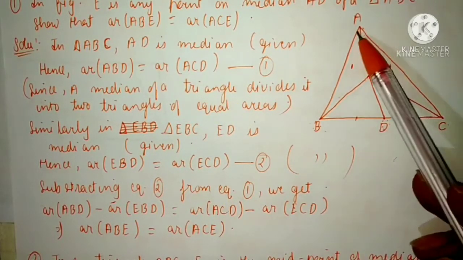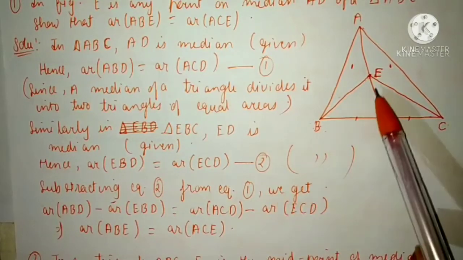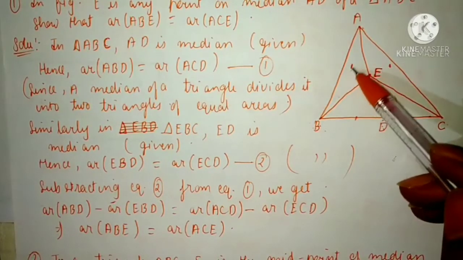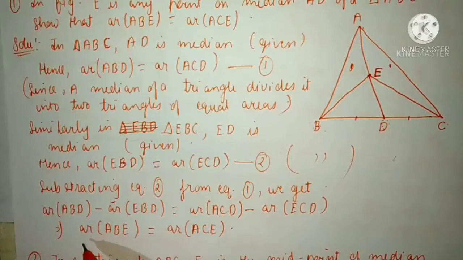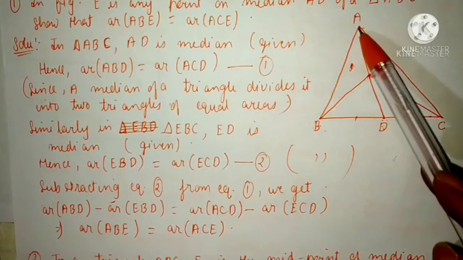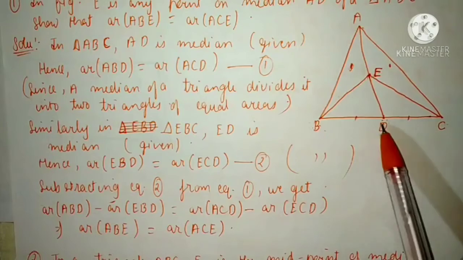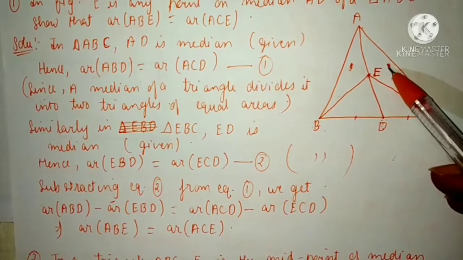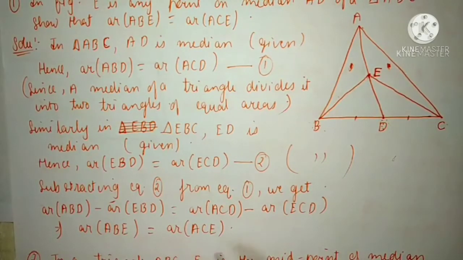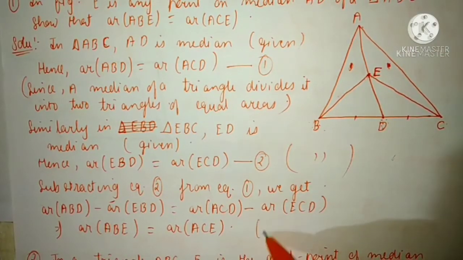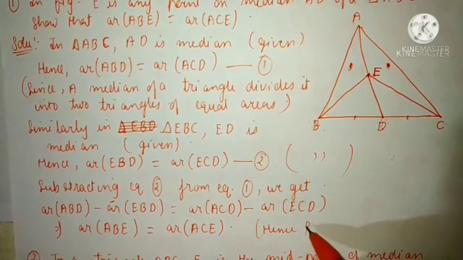Now area of ABD minus area of EBD is equal to this triangle, so this will be equal to area of ABE. Then area of ACD minus area of ECD will be equal to this triangle, so this will be equal to area of ACE, and this is what we have to prove in our first question. So we can write hence proved.